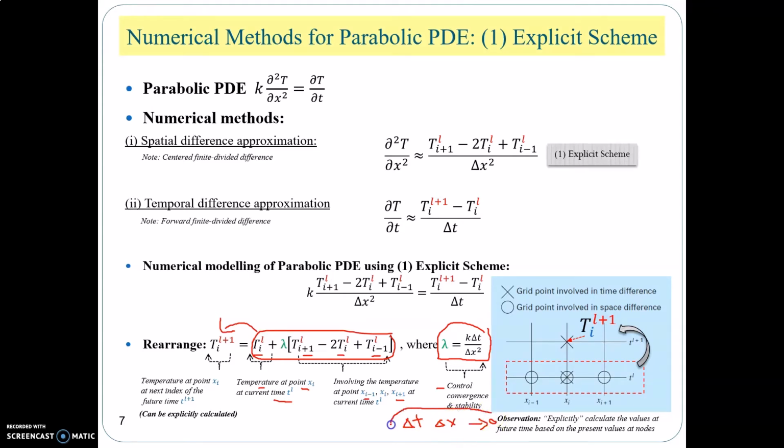However, this condition cannot be achieved in many cases because if you choose delta t and delta x to be a very small value, then the computational time will be significantly increased. On the other hand, if you choose delta t and delta x to be a large value greater than 0, then the accuracy will be affected. So it's very important to choose a correct lambda in order to obtain an accurate solution here.